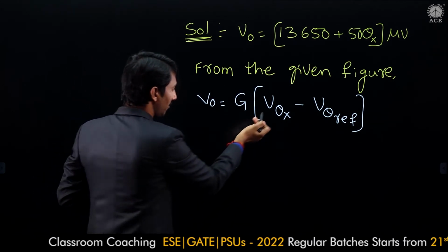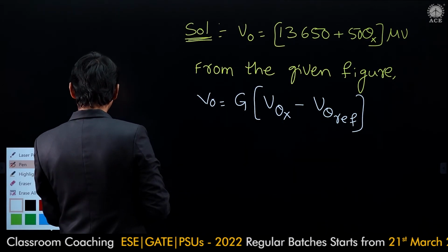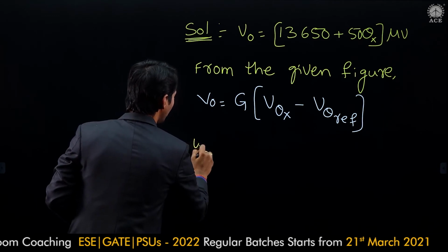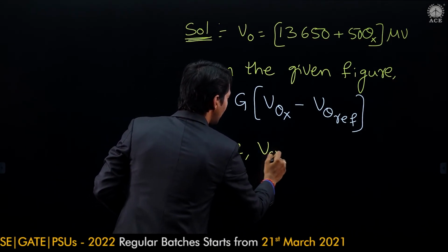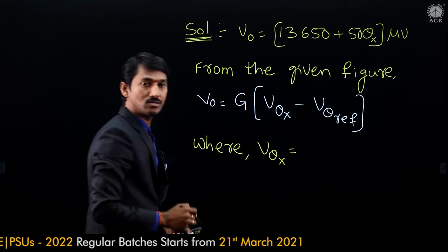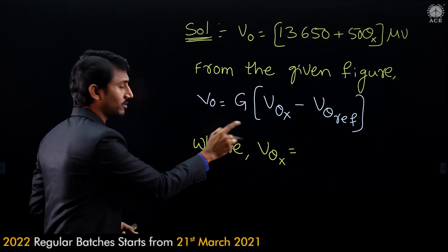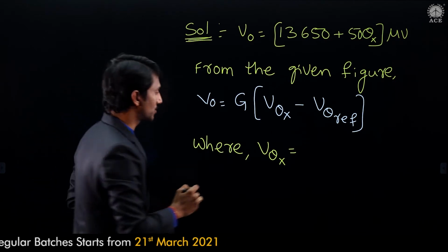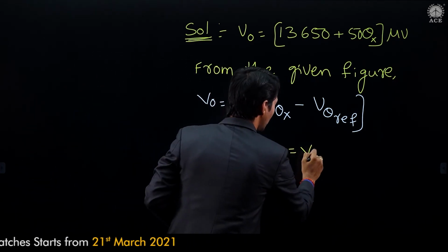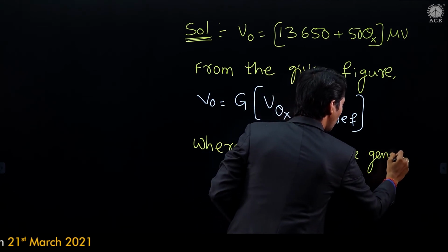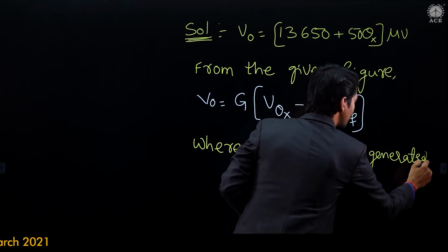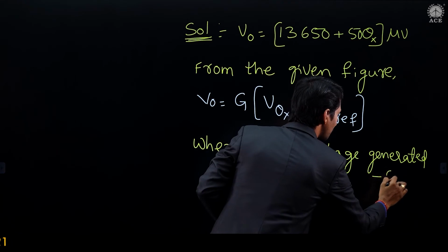Sir, what is theta x? Nothing but V theta x. What is V theta x? The voltage generated at which junction?